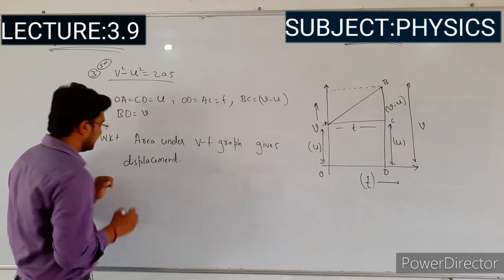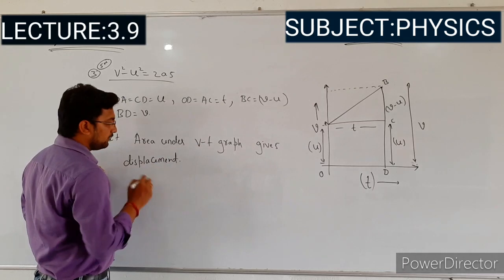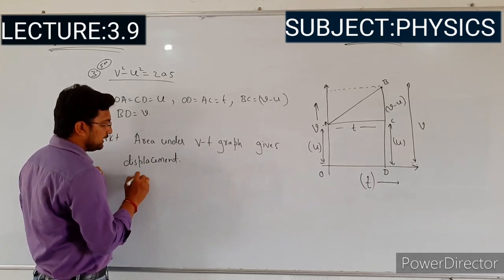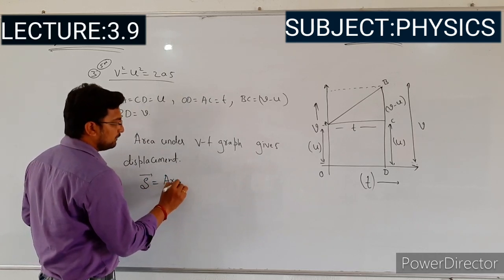Okay. See here. So here area under VT graph that gives a displacement, means the displacement is denoted by S vector, that is S is equal to area under trapezium.